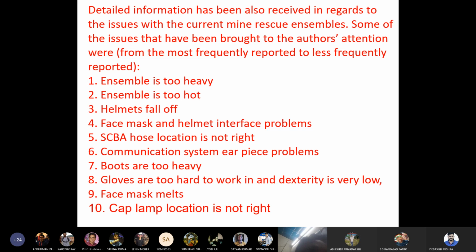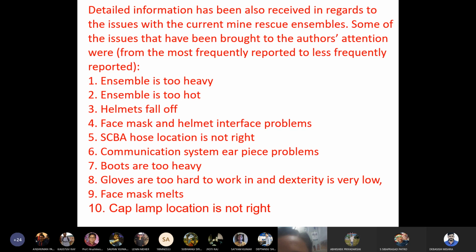Detailed information has also been received regarding issues with the current mine rescue equipment. Some of the issues brought to the author's attention, from the most frequently reported to less frequently reported, include equipment that is too heavy.